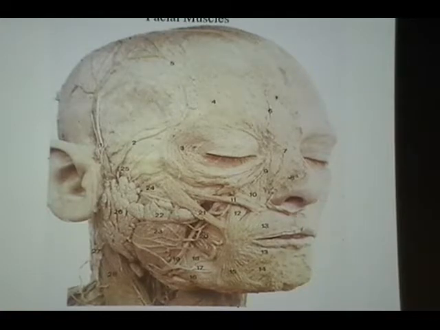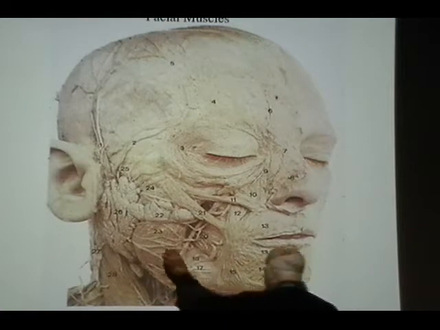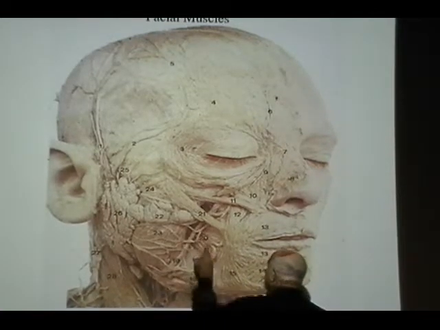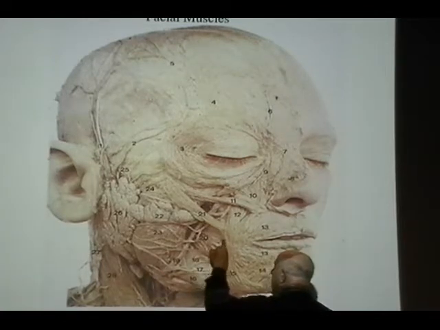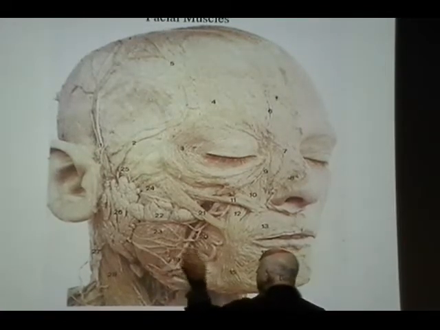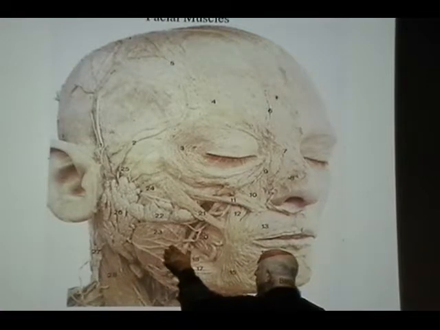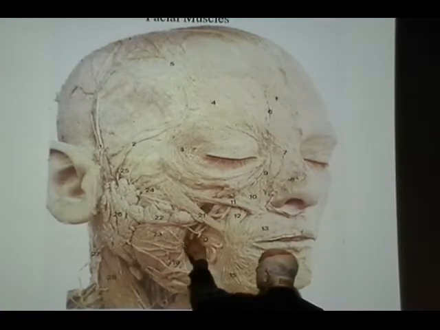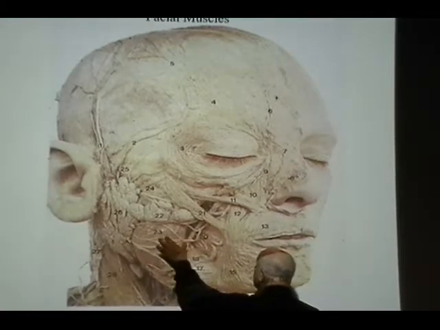Marginal mandibular branch. And then all of these fibers coming across, this is the facial vein. This is the facial artery. And that's usually the position they take: the vein is always behind the artery. And they are crossing over this muscle, and here the buccinator muscle. These are a couple of branches.